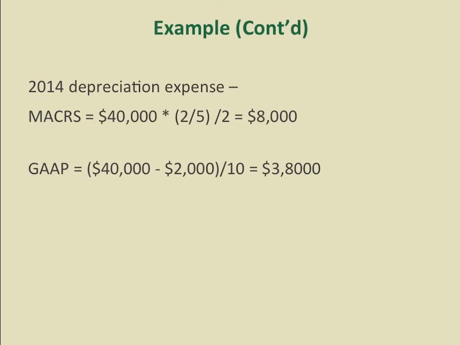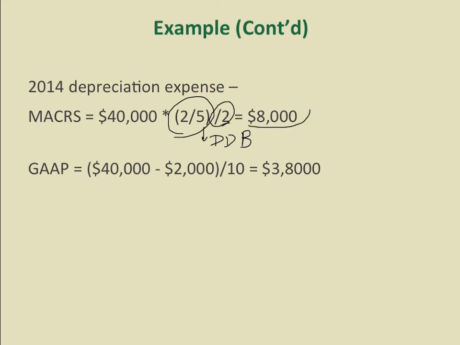The 2014 depreciation expenses will be very different between these two systems. Under the tax system, we're going to use the historical cost of $40,000 times 2/5. This means that we're using the double declining balance method, DDB. Since this is the first year of acquisition, the depreciation expense under the tax needs to be cut into half, so divided by 2.